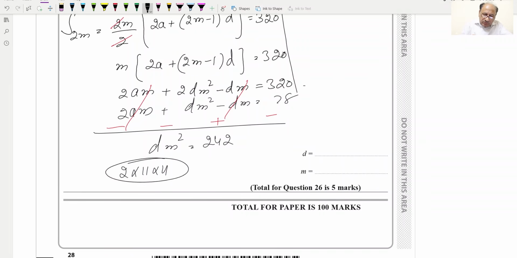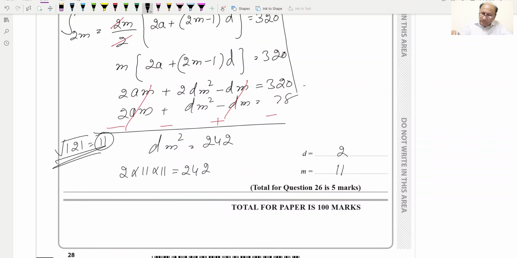So d is equal to 2 and m is equal to 11. If we multiply this, we will get 242. We have to choose a prime number for d, and m square must be a perfect square. So d we have taken 2, so remaining will be 121, and the square root of 121 will be taken as 11. This is how we found it.